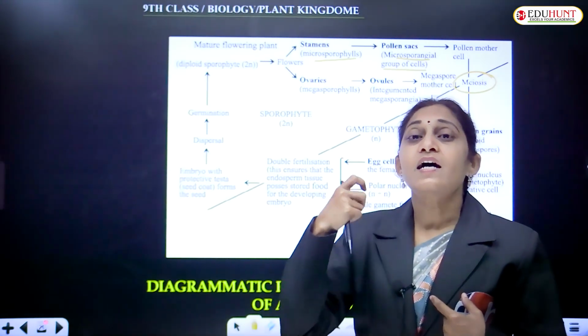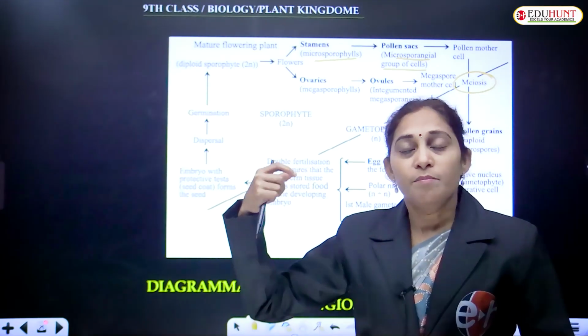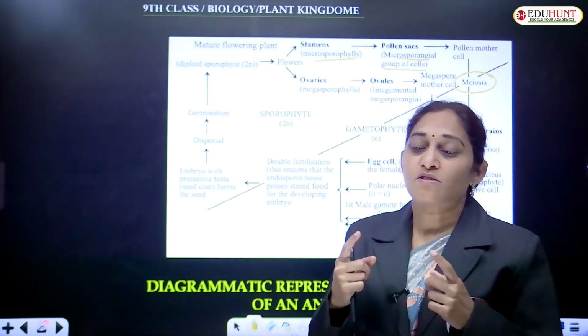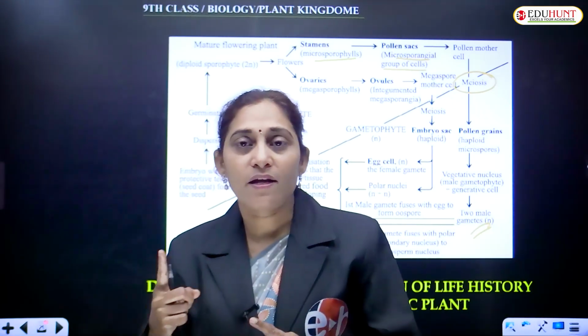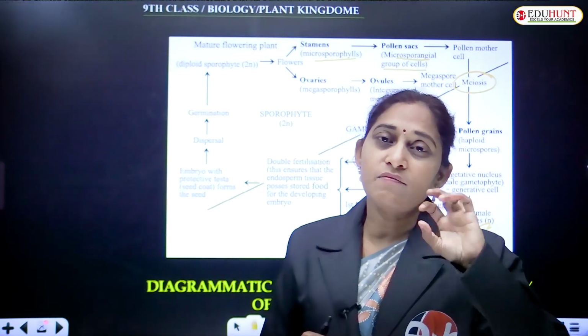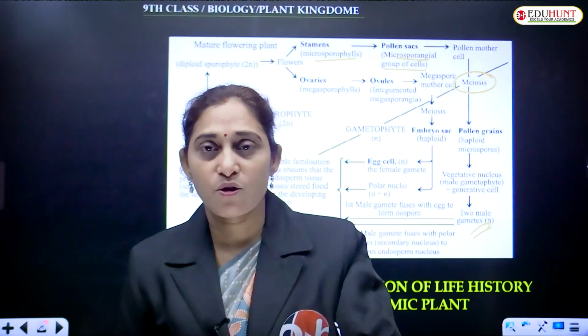If they want to produce male gametes from the microspore mother cell, which is a diploid one, it has to undergo one reductional division, that is meiosis.